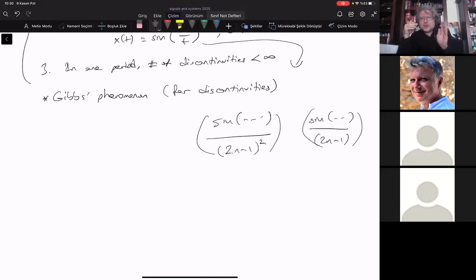The first few terms are large because the denominator values are not so large. Therefore, the Fourier series coefficients are still reasonably large. And quickly, those Fourier series coefficients become almost zero and they don't contribute to anything.